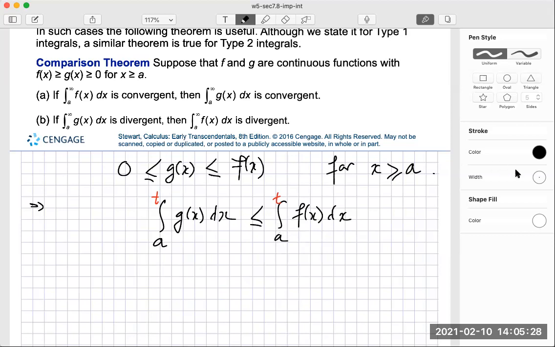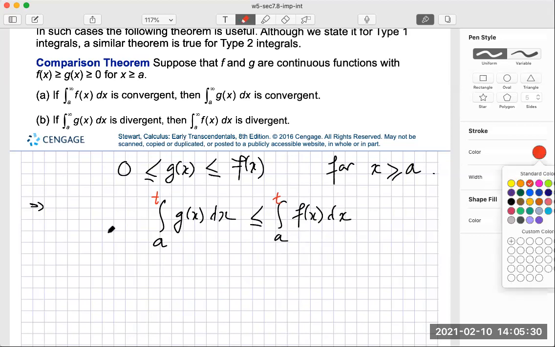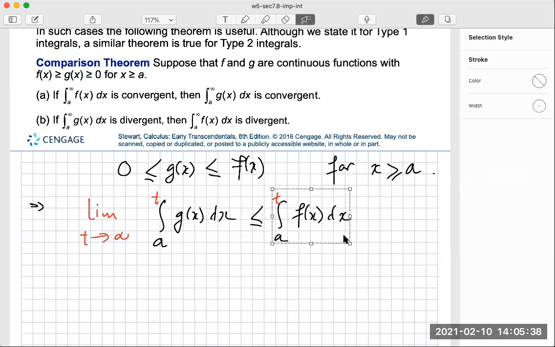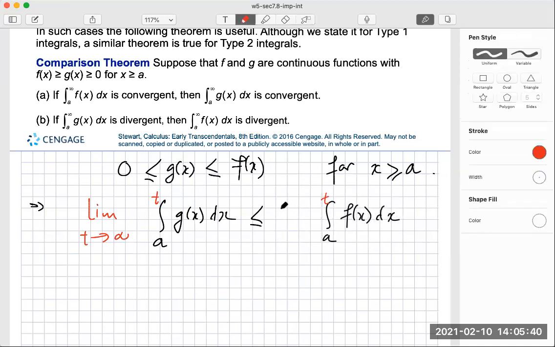Then if we take the limit on both sides, right? Still true. Okay?